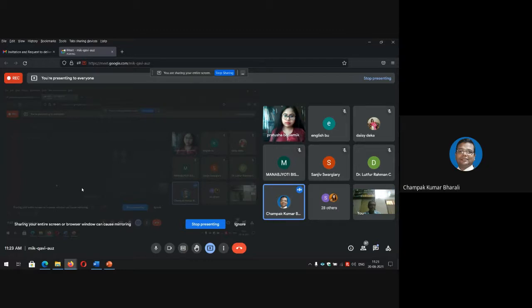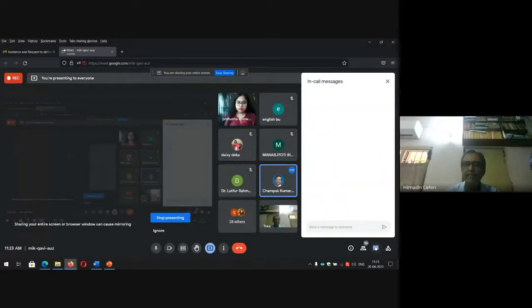And Amitav Ghosh has written in a totally different method. The post-memory concept is a well-known concept which is beyond the memory of a personality. Am I right, sir? Yes, absolutely.